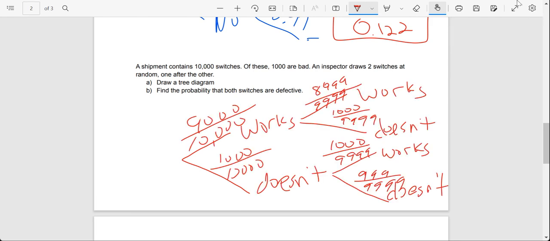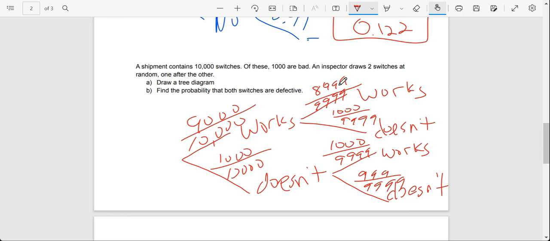The reason I chose this problem is because it's the same event happening twice, but you're losing one item, right? For the first event, you have 10,000 switches, 9,000 work, 1,000 don't, right? So after one of them worked, there's one less switch and one less one that worked.